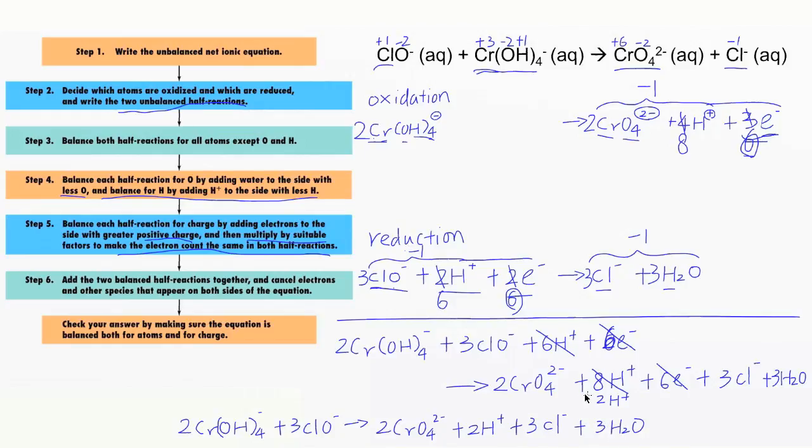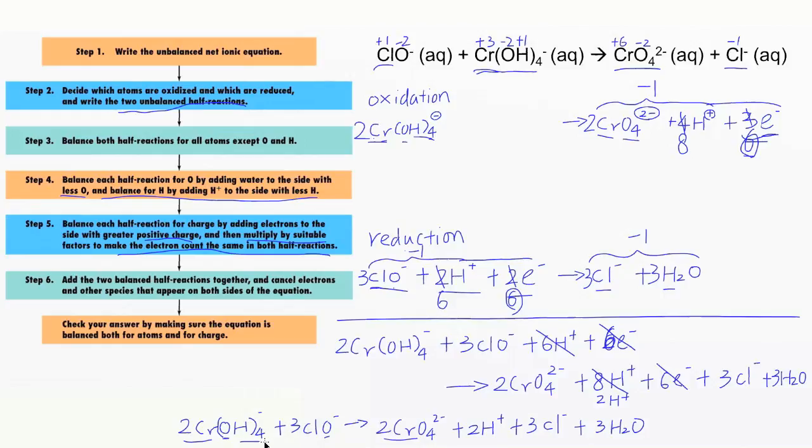Now let's just do the final check. You have 2 chromium here, 2 chromium here. Chromium is balanced. 8 oxygen in this species plus the 3 oxygen here, you have total 11. 8 oxygens plus 3 oxygens, 11 oxygens. Oxygen is balanced.